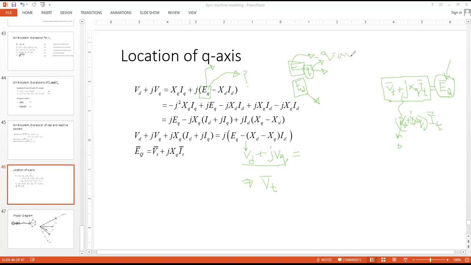Yes, sir. So whatever type of voltage it is, be it internal voltage or whatever voltage inside the machine, it should be lying along the Q axis. This is one of the very important ideas that we can get just by looking at the symbol EQ. Instead, if we had ED, we could conclude that it is along the D axis.